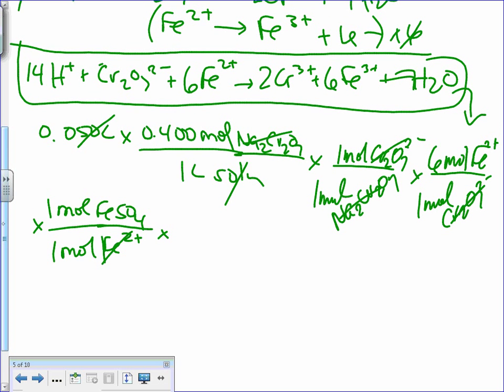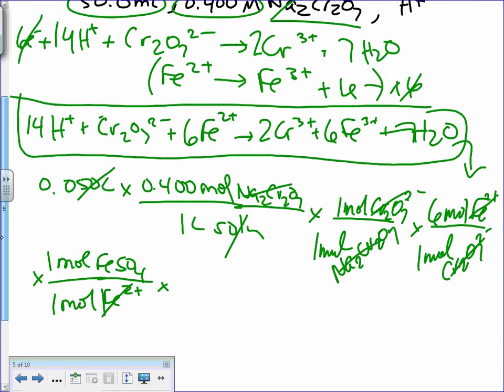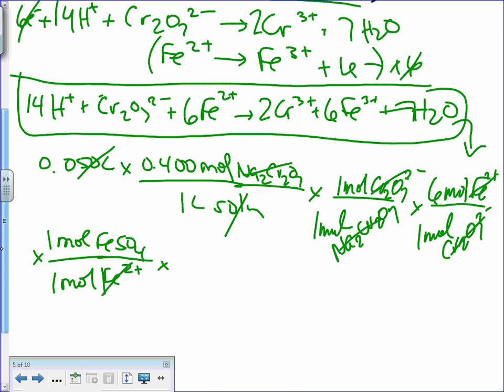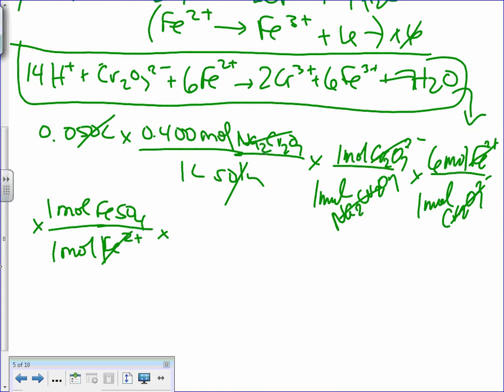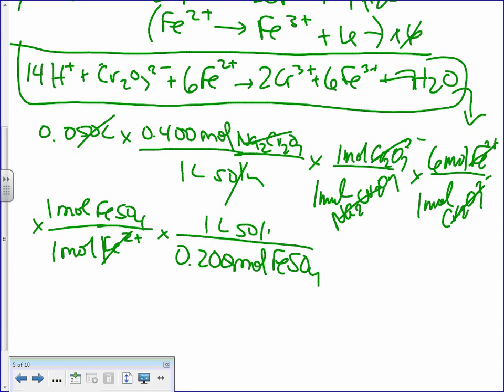So iron 2 and iron 2 are gone. The molarity, how do I use the molarity to get to volume? Just flip it, right? Okay, so 0.200 moles of iron 2 sulfate per 1 liter of solution. Calculate in your head. You probably could actually on this one.